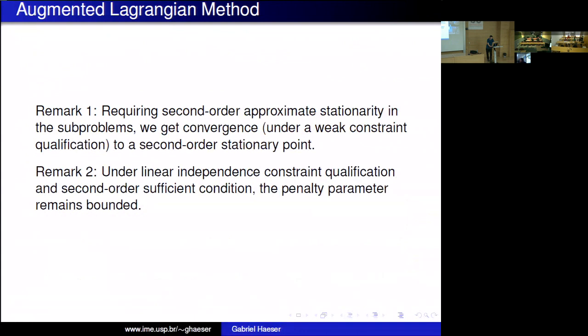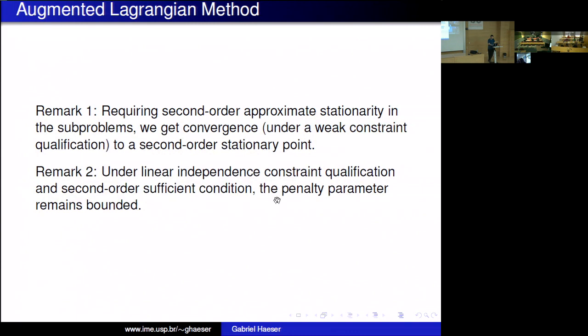And there are algorithms that return points like this. And if I do this, I get convergence under a weak constraint qualification to a second-order stationary point. So I replace global minimization in the sub-problems. If I have global minimization in the sub-problems, I have a global solution in the end. If I have a first-order stationary point, I get a first-order stationary point of the constrained problem. And the same goes if I have second-order.